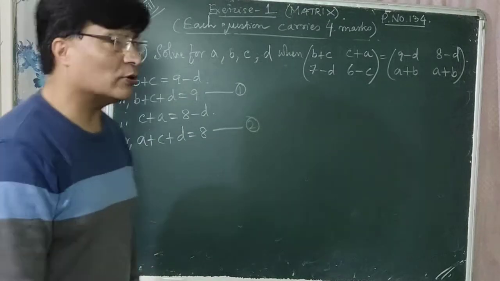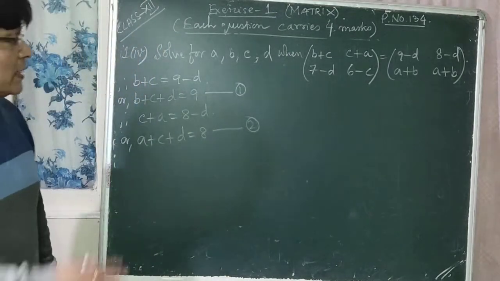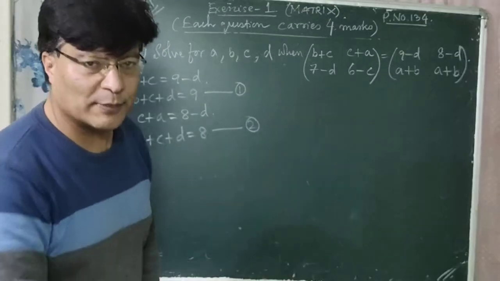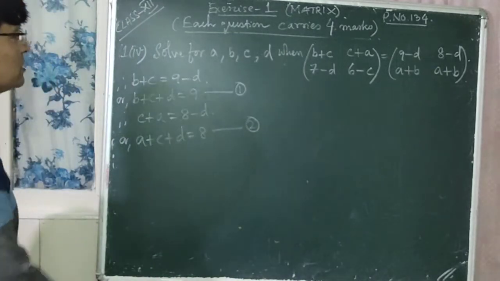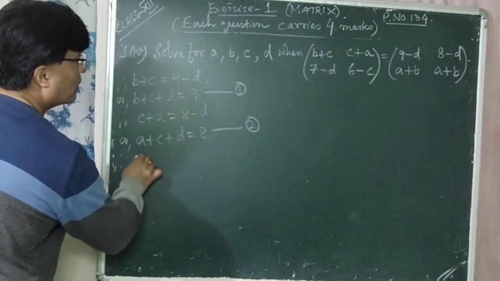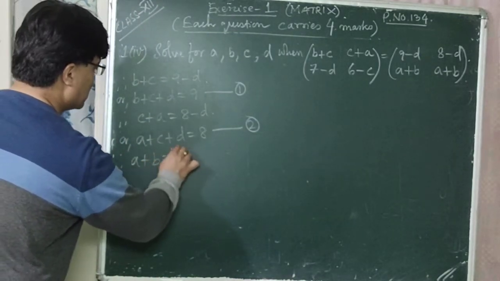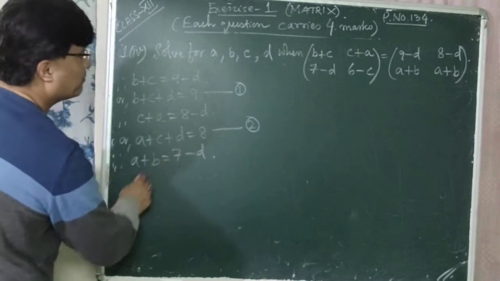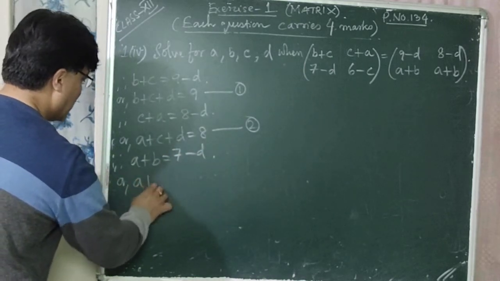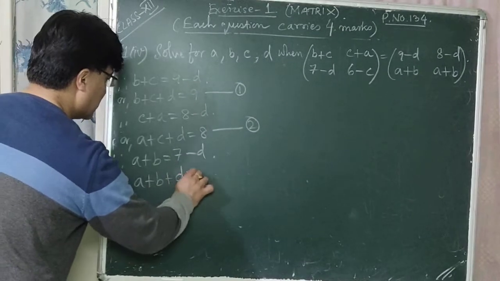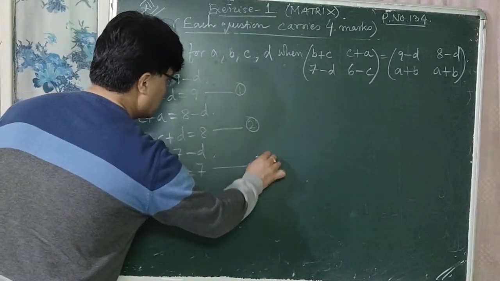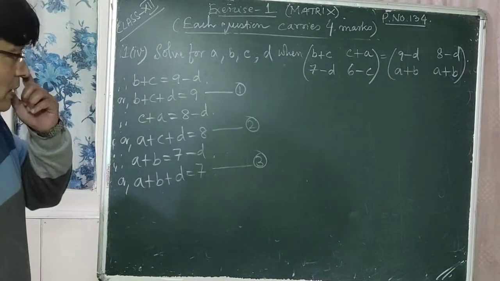Again in the second row also, you can equate the first elements on both the sides. That means therefore a plus b is equal to 7 minus d, or a plus b plus d is equal to 7. So this is equation number 3, right?